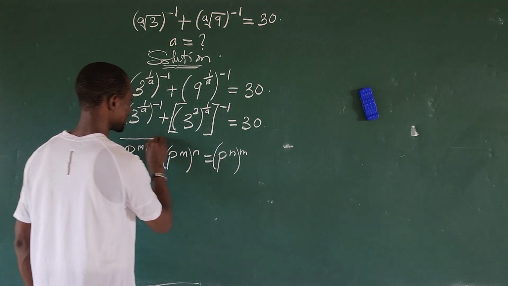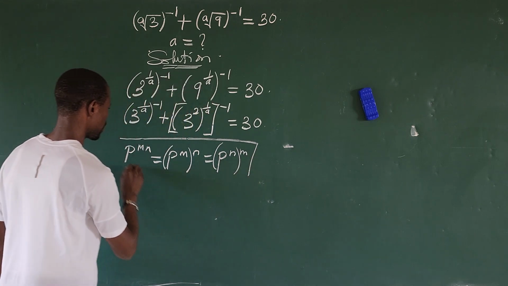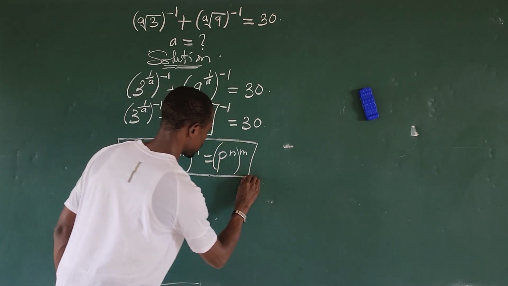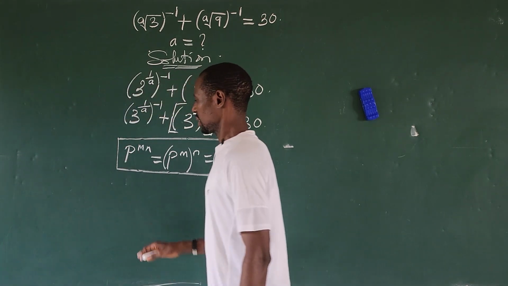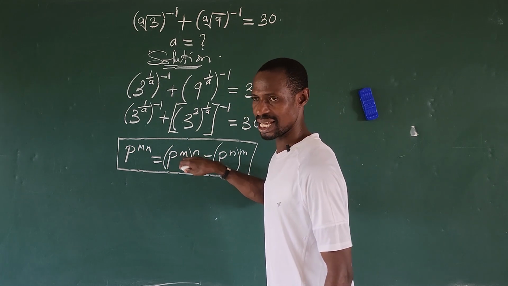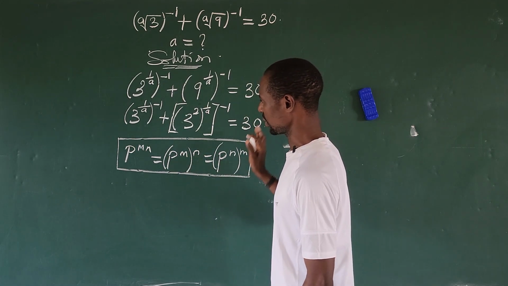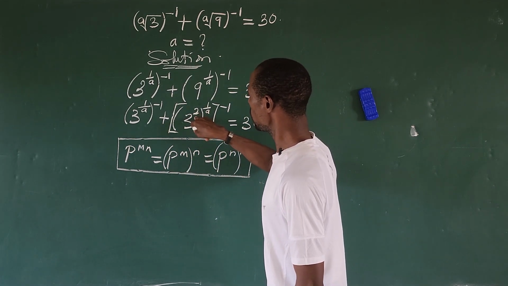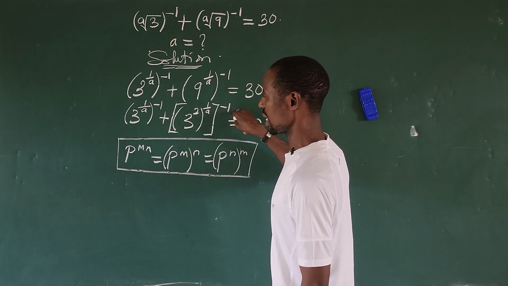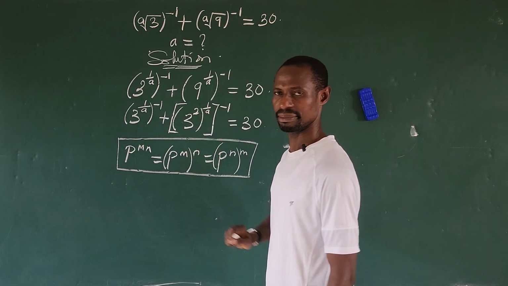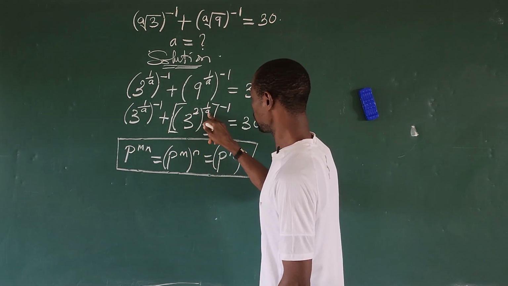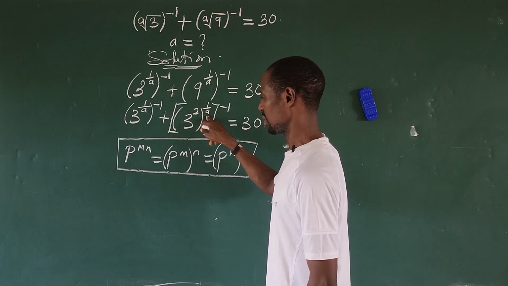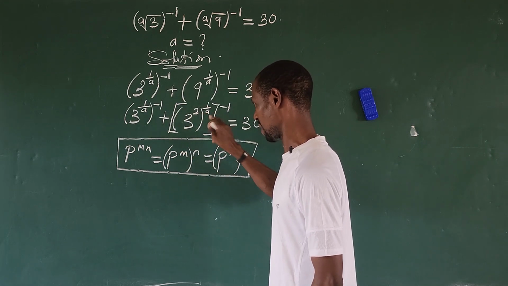So we can interchange the position of the components at the exponent. If we can do that, then we can push this in and bring this out. Let's first of all push this in and bring it out.